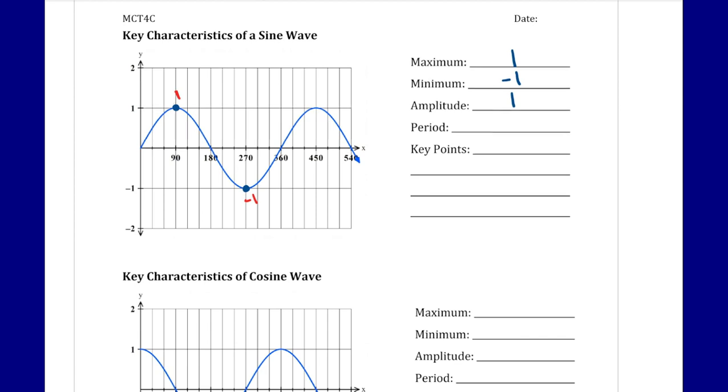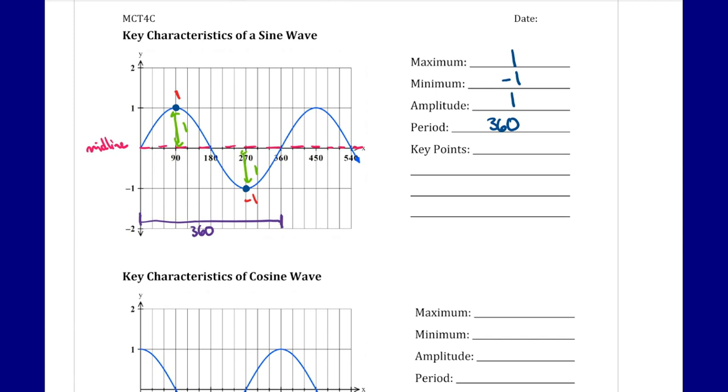We can also say it is the distance from the midline, which is the line that cuts it in half, to our maximum or to our minimum. The period, the length of one cycle, is 360 degrees. We start and end, and it takes 360 degrees for one cycle.